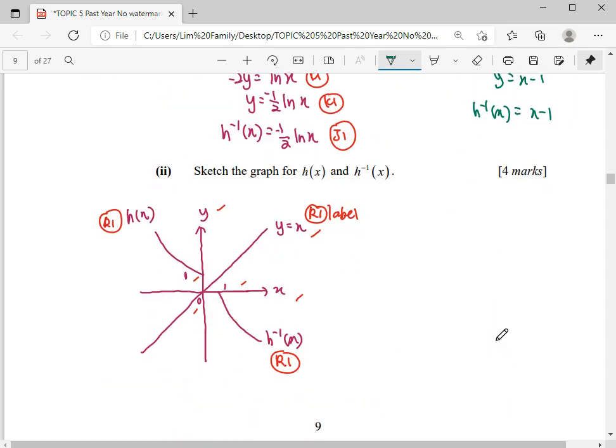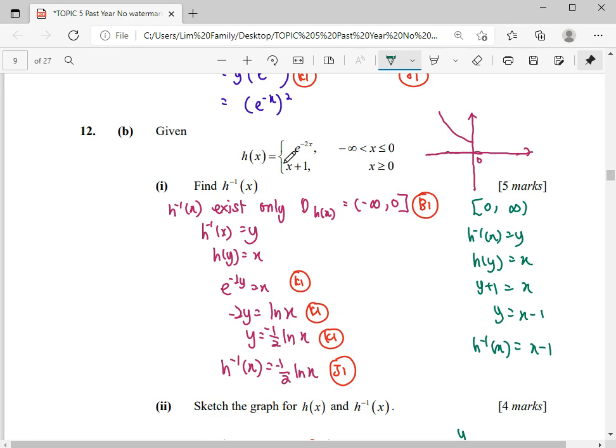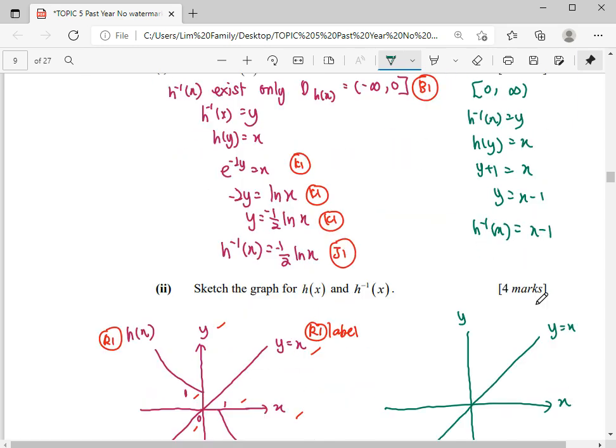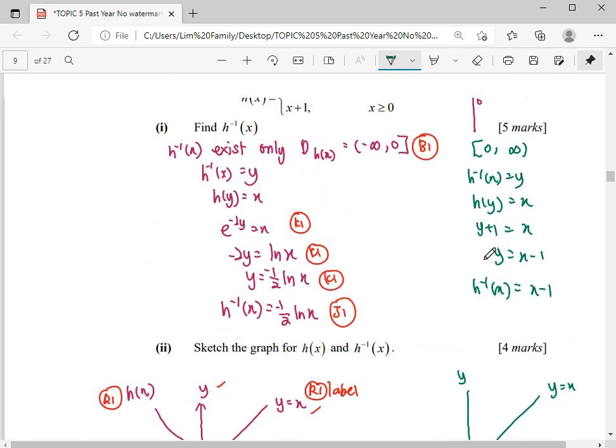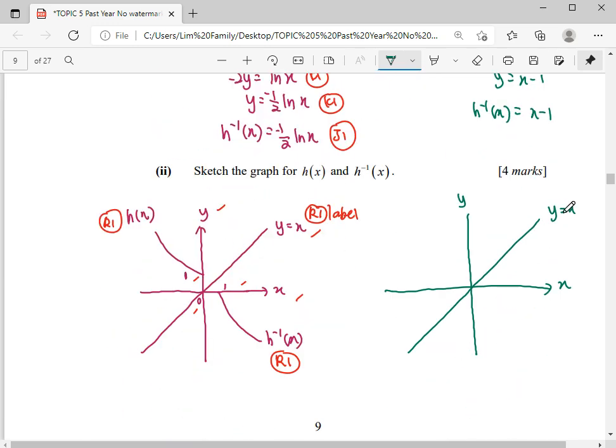When I'm drawing this part, you have to be careful because you're drawing a straight line. You must have some idea of the straight line concept. So draw our reflection line, y equals x, then we look at our original function. Gradient is also 1. This straight line has the same gradient as your reflection axis, y equals mx plus c, intercept at 0, gradient is 1.